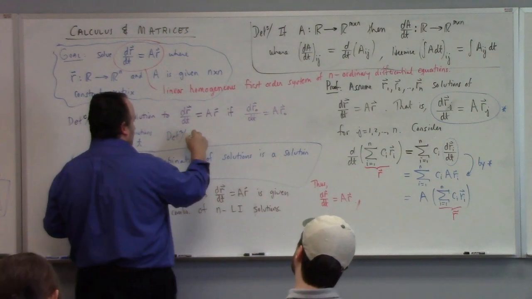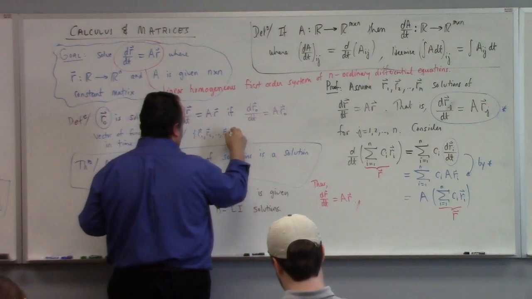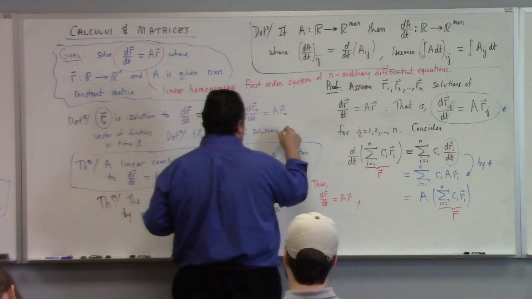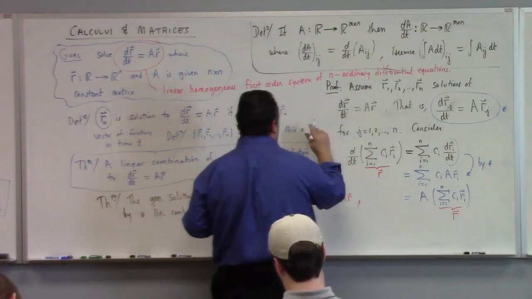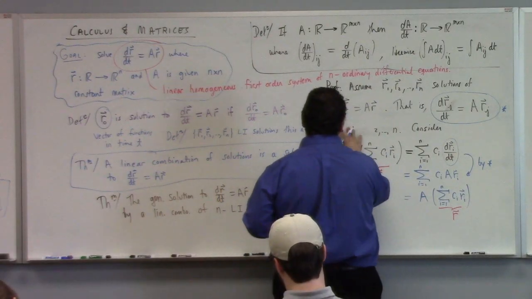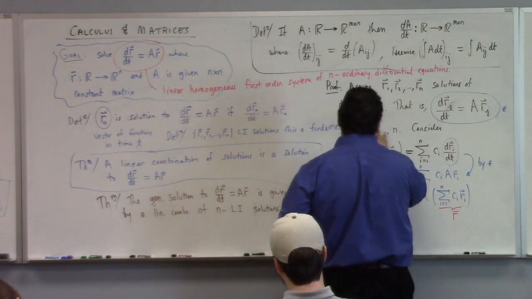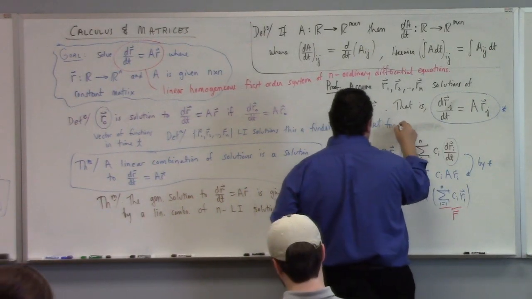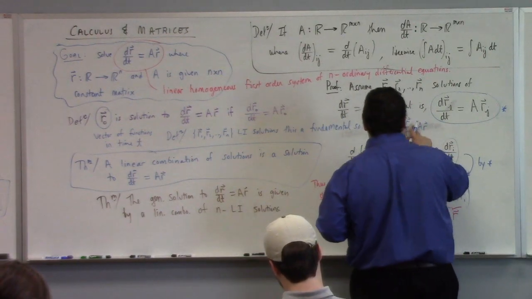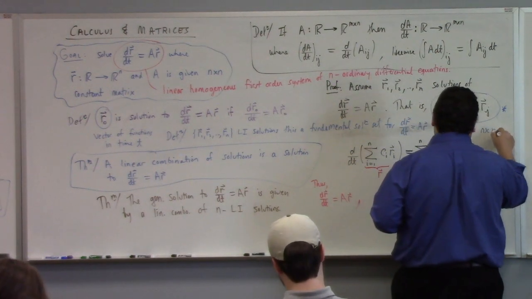Definition: if you have R1, R2, ..., Rn linearly independent solutions, this is a fundamental solution set for dr/dt = AR, where A is n by n.